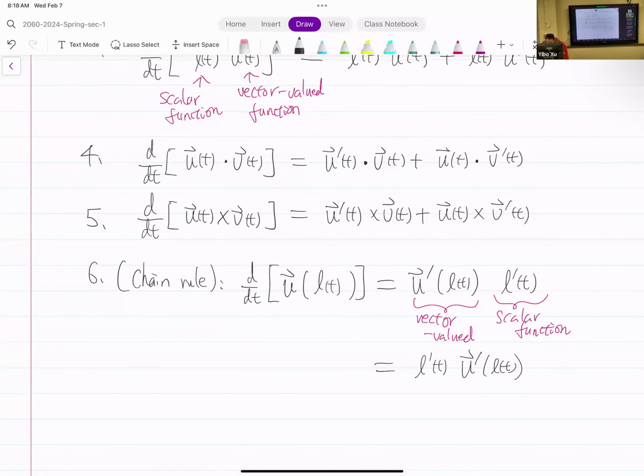If you want to put it in another notation, we are doing the derivative of the vector function u. So du dt equals du dl times dl dt. Okay.